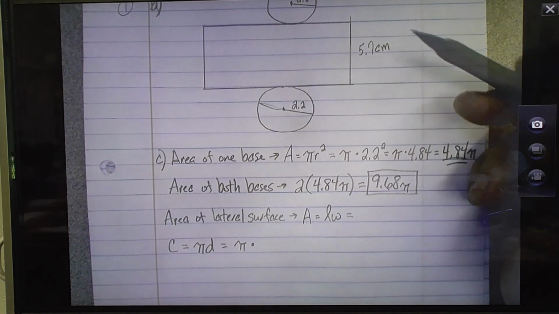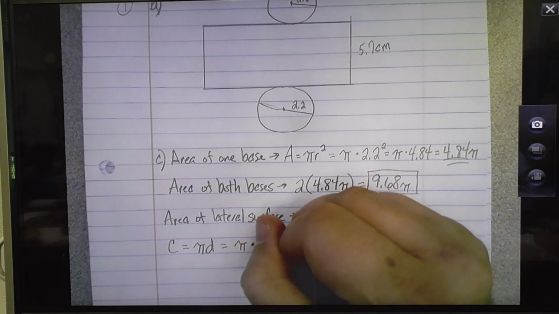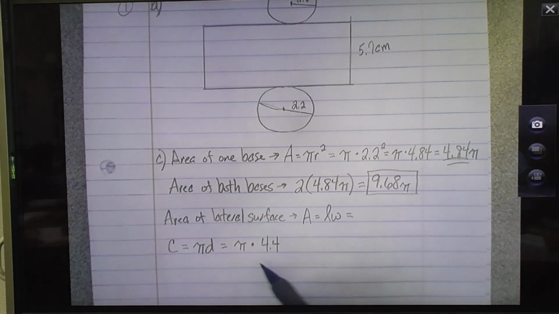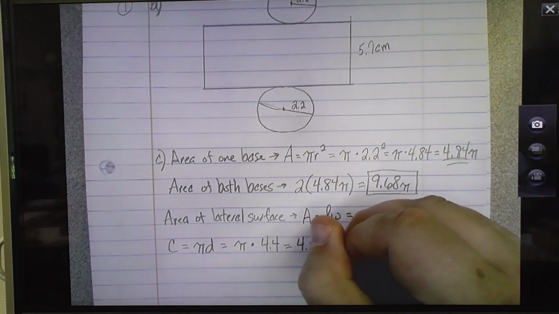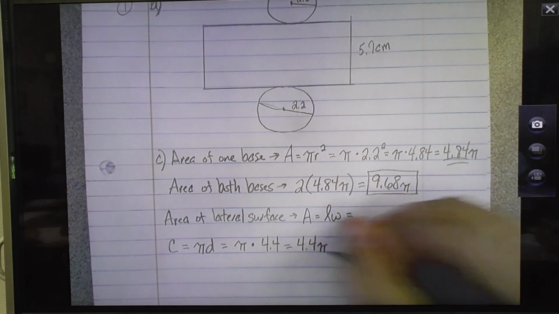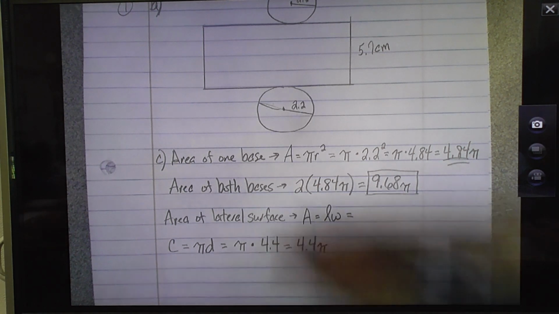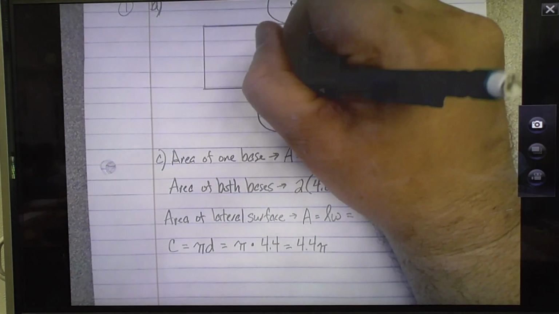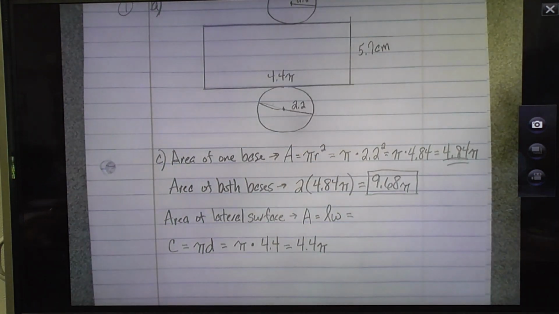So what's 2.2 plus 2.2? 4.4. So my diameter is going to be 4.4. I'm not going to leave it like this. I'm just going to write the circumference as 4.4 pi. So this length right here is equal to 4.4 pi.